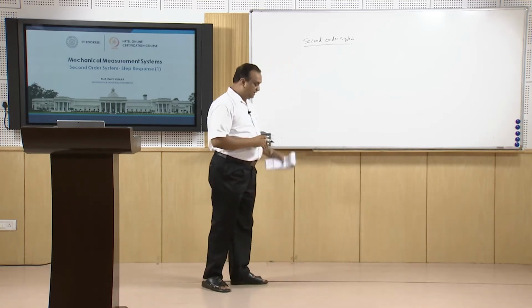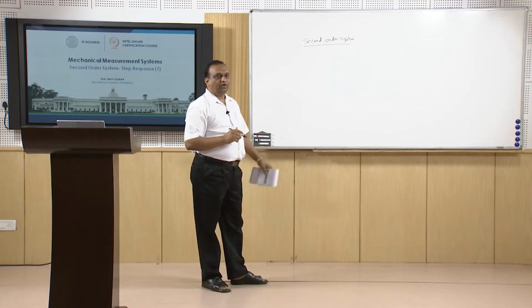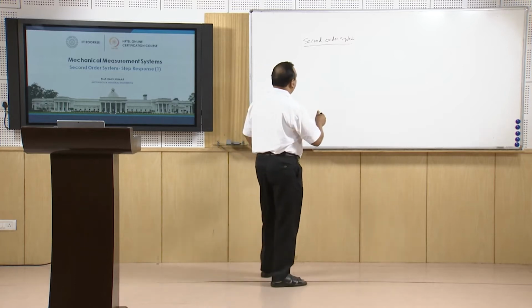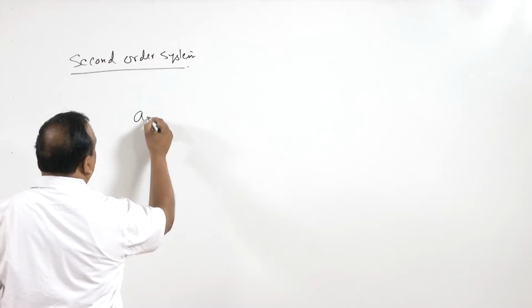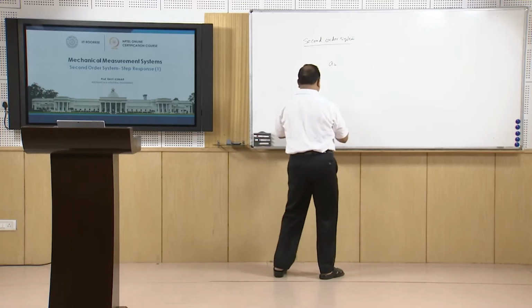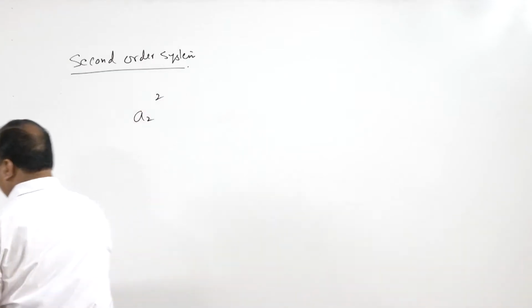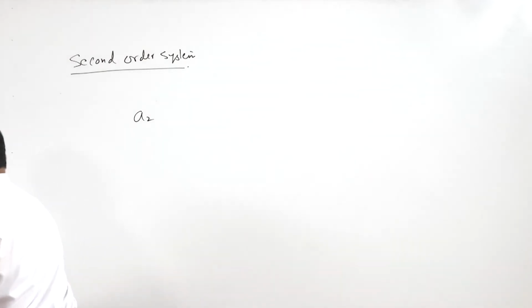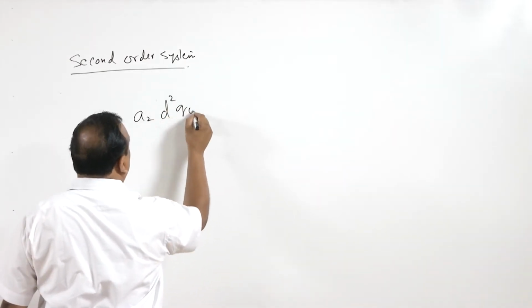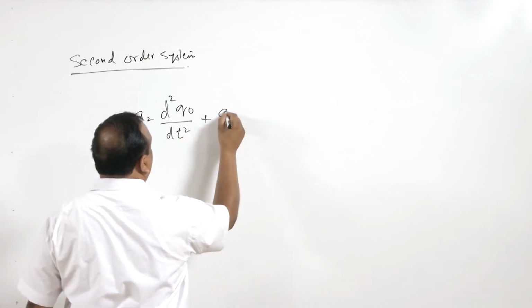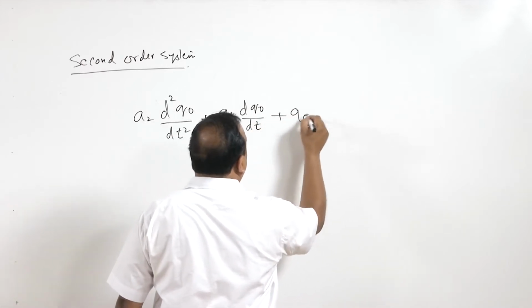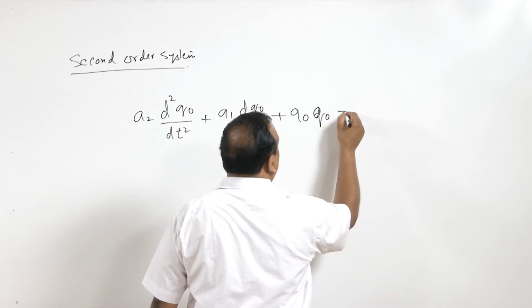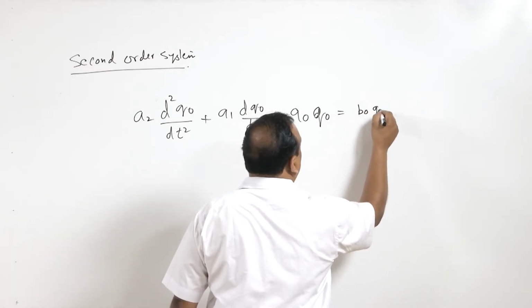If you remember the generalized governing equation for dynamic response of measuring systems, in that equation, if the degree of differential in output is of second order, that is A2 d square QO by dt square plus A1 dQO by dt plus AO QO is equal to BO QI.